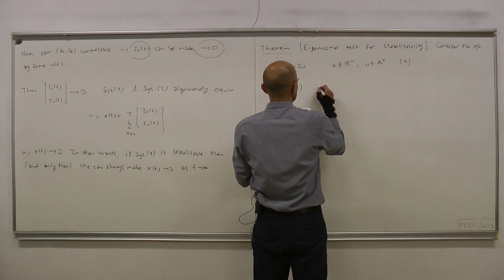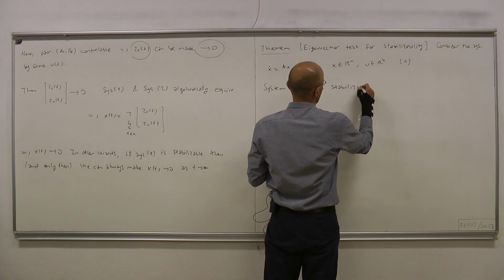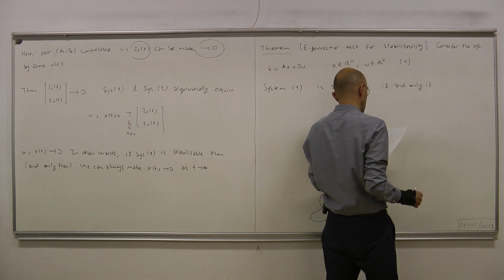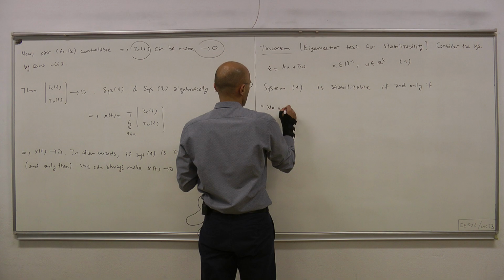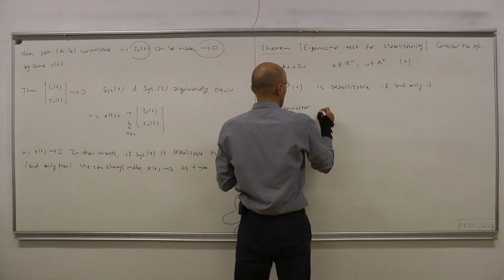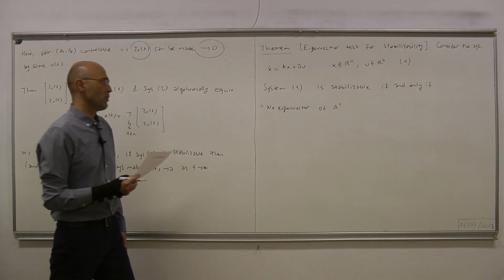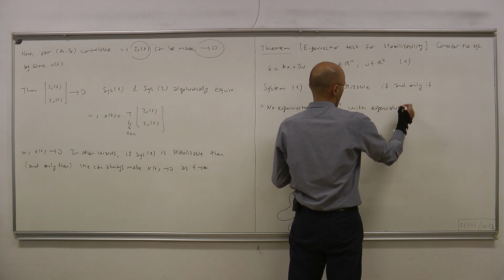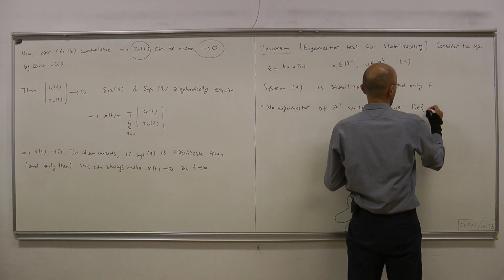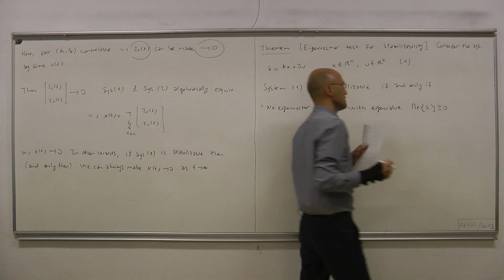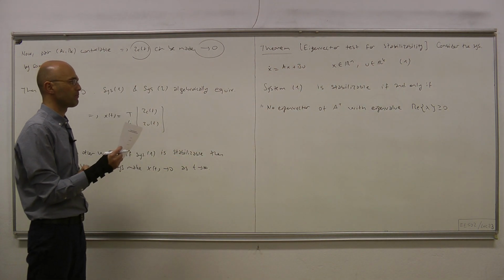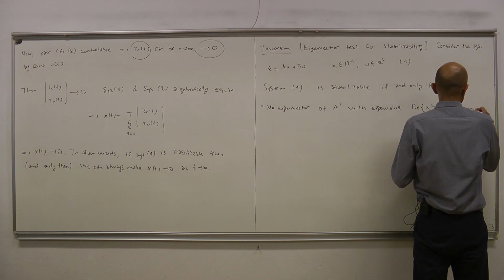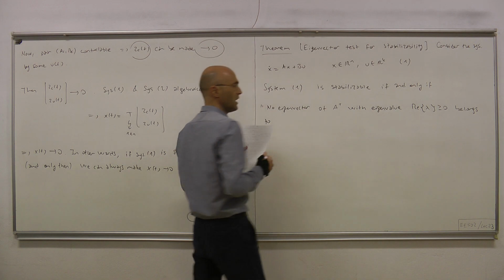Okay, so system 1 is stabilizable if and only if, here is the statement, no eigenvector of A transpose with eigenvalue lambda, real part of lambda is 0 or positive, that is, with eigenvalue on the closed right half plane, belongs to the null space of B transpose.